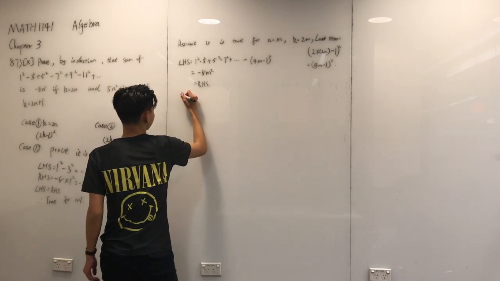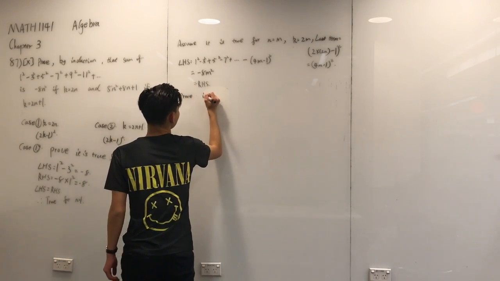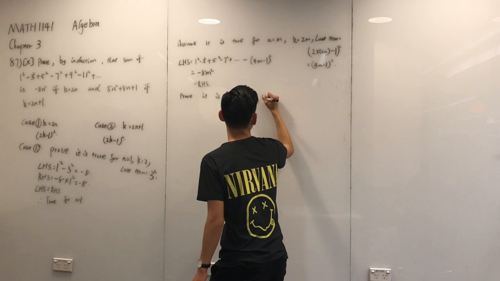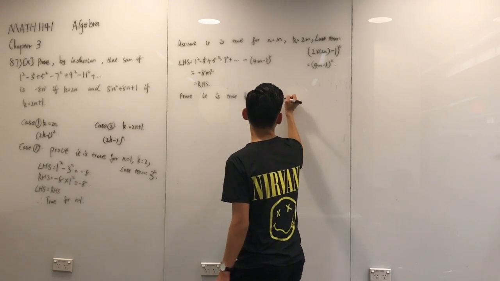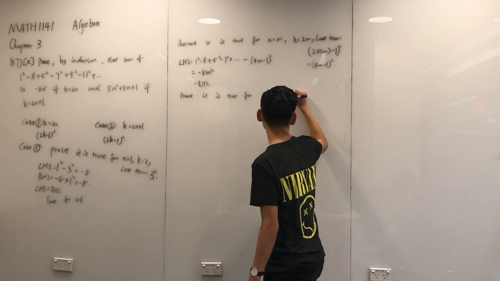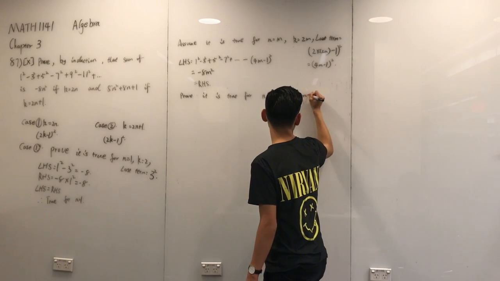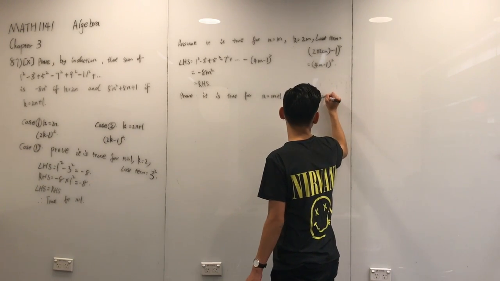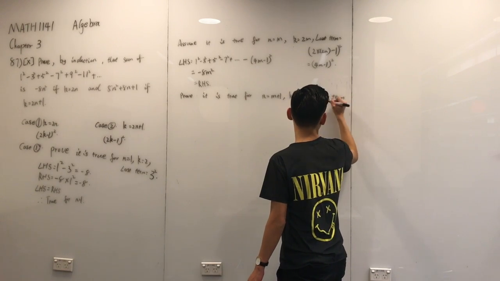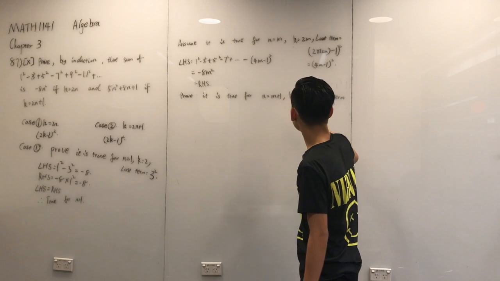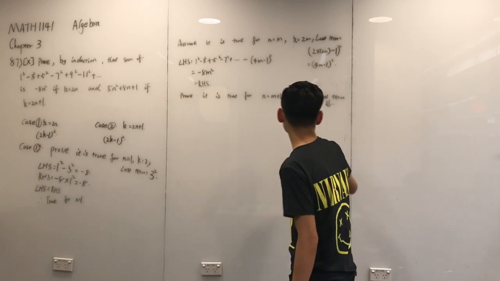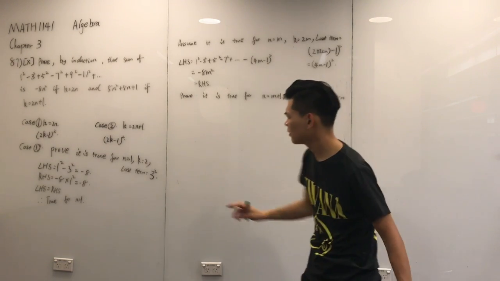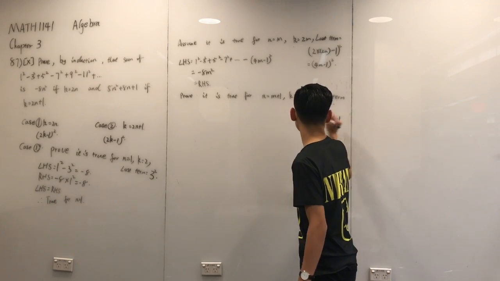Alright, so prove it is true for n equals m plus 1, which means k will be twice m plus 1, right? So the last term will be twice k minus 1, squared.